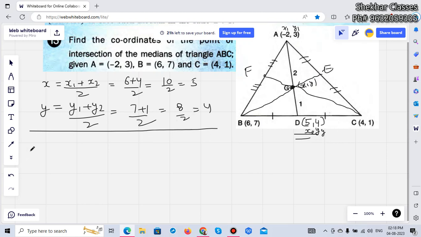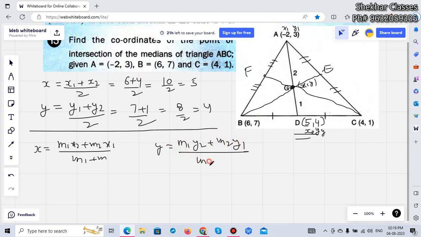What is the formula that we have? X is equal to M1 X2 plus M2 X1 upon M1 plus M2, and Y is equal to M1 Y2 plus M2 Y1 upon M1 plus M2. Is that okay?